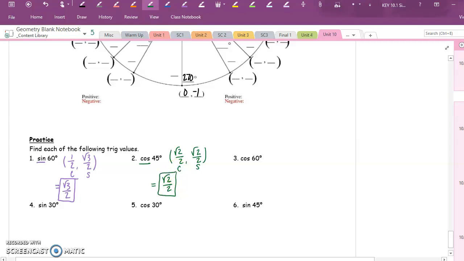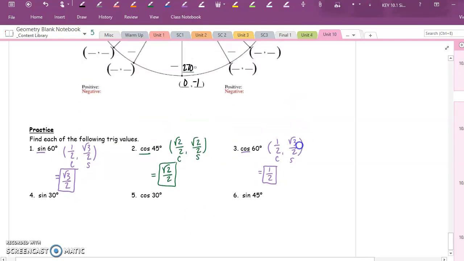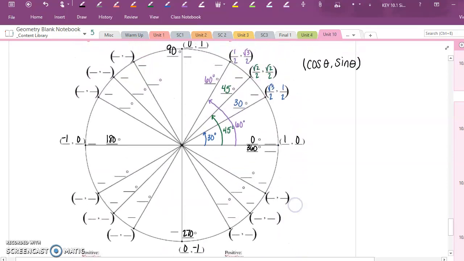In number 3, we have cosine of 60 degrees. So I'm going to use the ordered pair that I used in number 1. So we have 1/2 comma square root 3 over 2. And cosine, c comma s, is equal to 1/2. In number 4, we have sine of 30 degrees. We haven't had a 30 degree yet, so I'm going to scroll on up. For 30 degrees, we have root 3 over 2 comma 1/2.